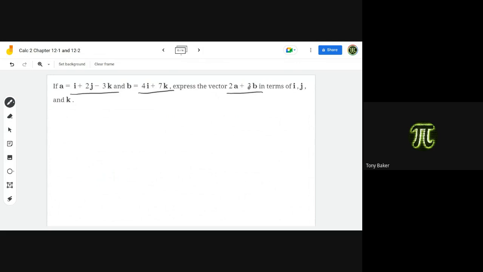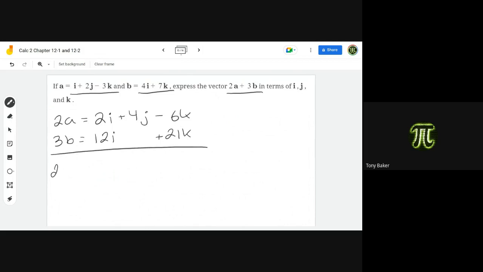If I wanted to do 2a plus 3b, I'm going to do the exact same thing I did before with the other points. Nothing really changes. So 2a is 2i plus 4j minus 6k. I just multiply it all by 2. 3b is 12i plus 21k.